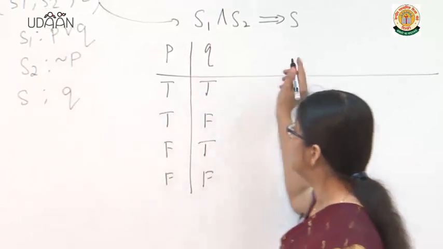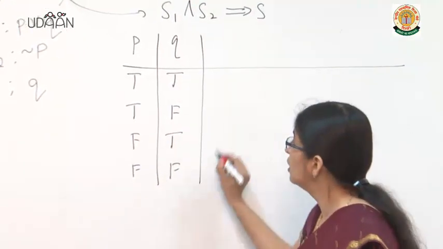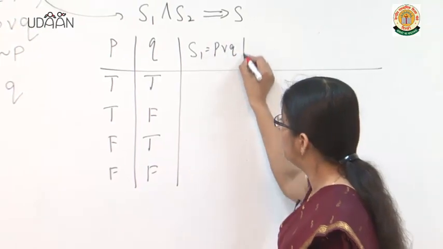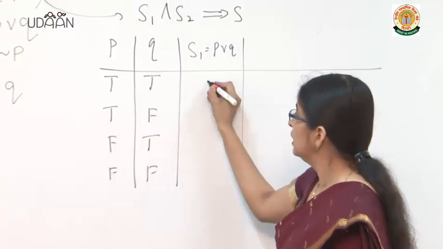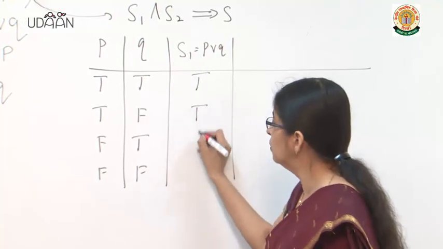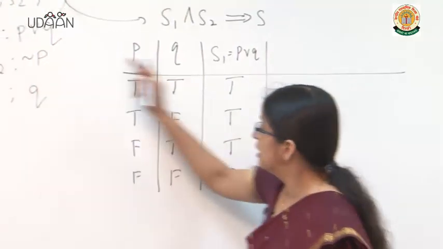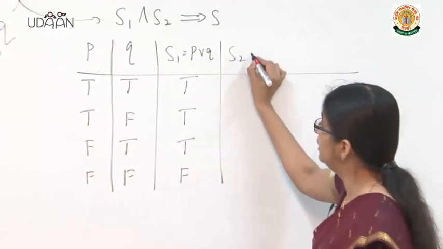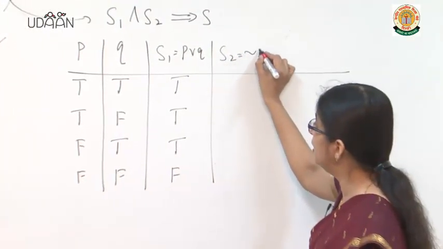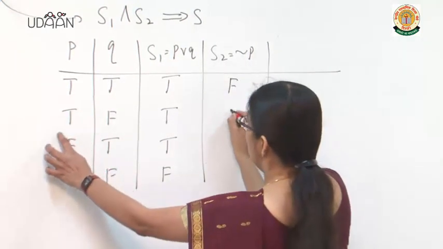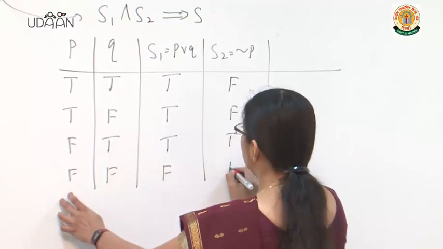First, let us make the column for S1, which is P or Q. P or Q, make it quickly. It is true, true, true, false. Next, S2. S2 is negation of P, which is false, false, true, true.